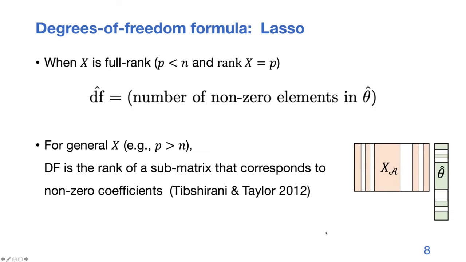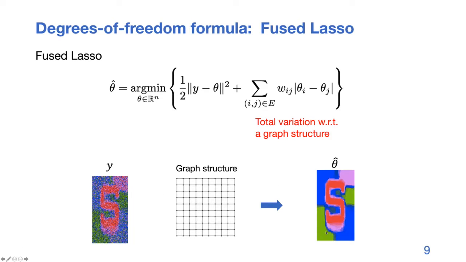The second example is the fused lasso, which is the estimator defined by this equation. Here the omega of fused lasso is the total variation over some graph structure.